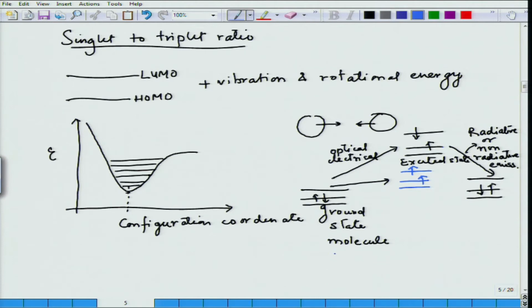So, it is possible, as we are doing the excitation, that we get either this state or the second state, and again this state can also have radiative or non-radiative emission and come back to the ground state. Now, in this configuration, this particular excited state is called a singlet state, and the other excited state is called the triplet state.